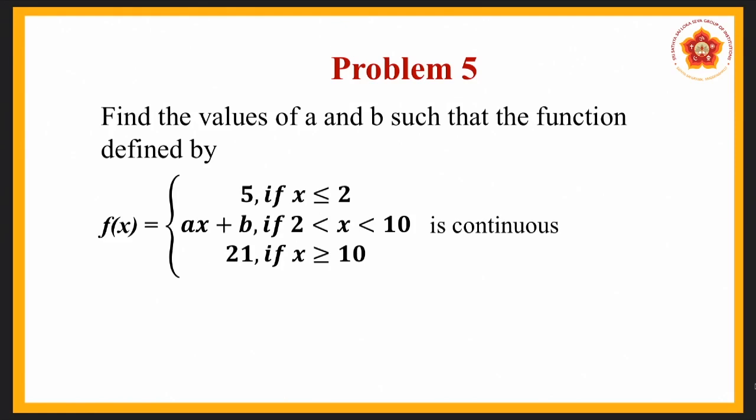Let us take up this last problem. In the previous problem, we found one unknown, and in this problem, we have two unknowns. He says, find the values of A and B.